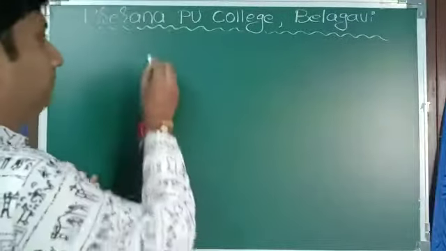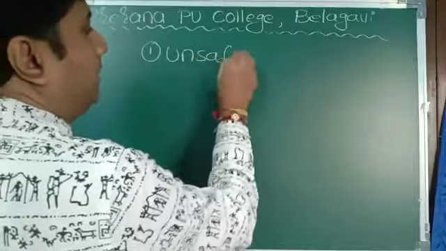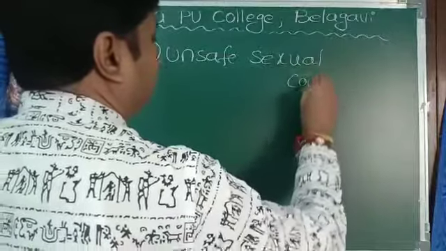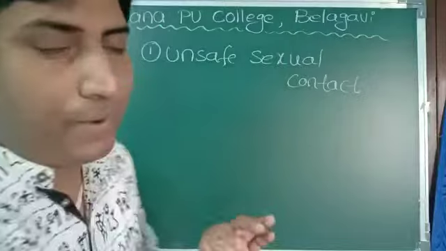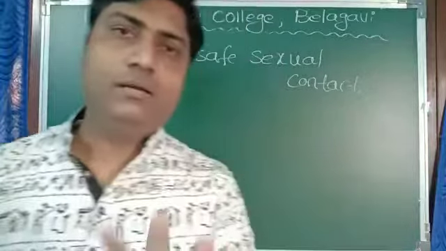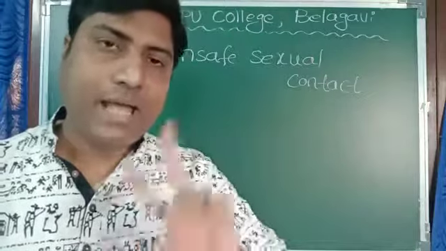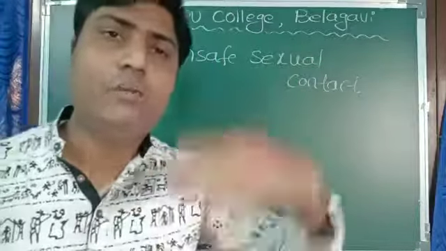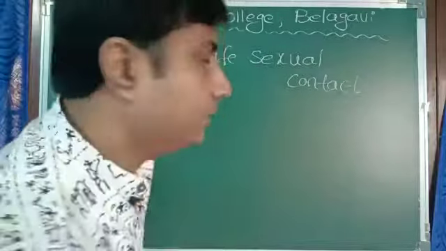First one, unsafe sexual contact. Suppose one of the partners, either male or female, is suffering from AIDS, then if they have unsafe sexual contact, it will automatically get transmitted to the other partner.